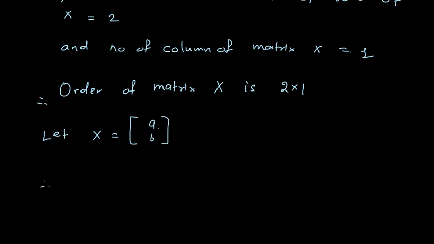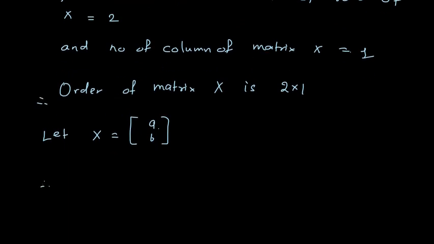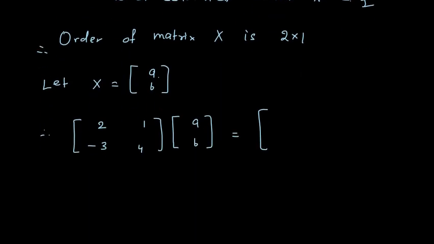So therefore now I have [2 1; -3 4] multiplied by [a; b] will give you the result [7; 6]. Okay, so here the result is [7; 6].